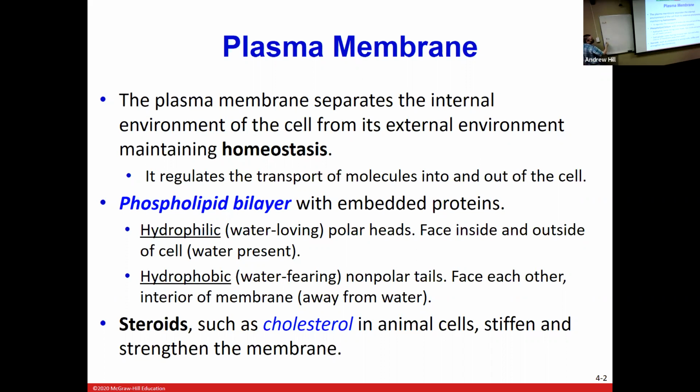So this is the intracellular solution. Inside of the cell, there's the cytoplasm, and that consists of the cytosol as well as the organelles. The outside, of course, is the extracellular space, also referred to as the interstitial fluid.